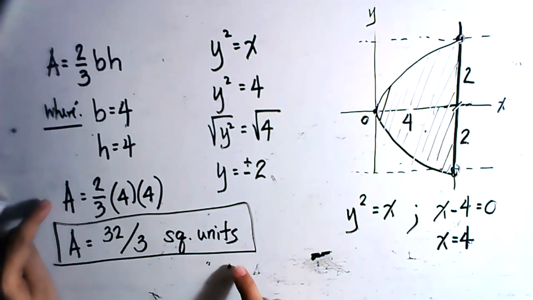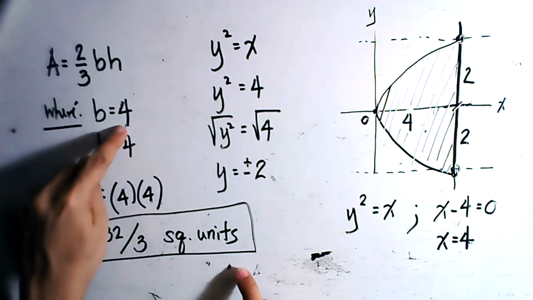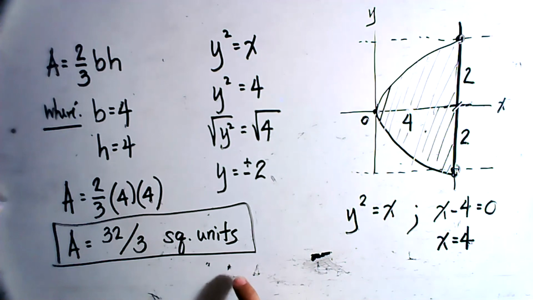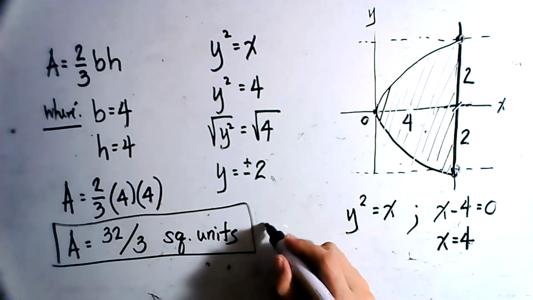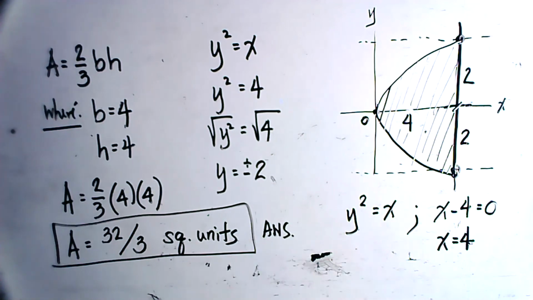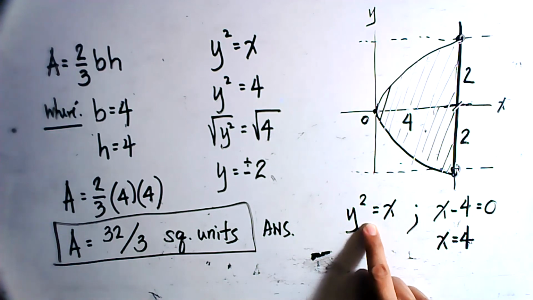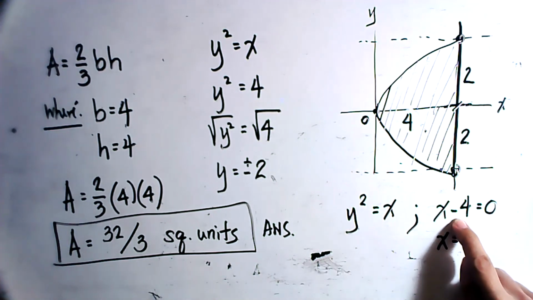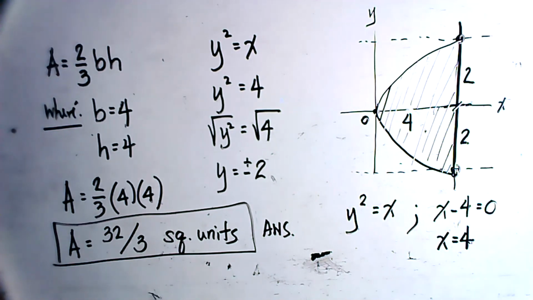So if you are going to use that, we have the area is equals to 2/3 times 4 times 4, or 32 over 3 square units. And this will be our answer to the question in problem number 2. What is the area bounded by y squared is equals to x and line x minus 4 equals to 0.